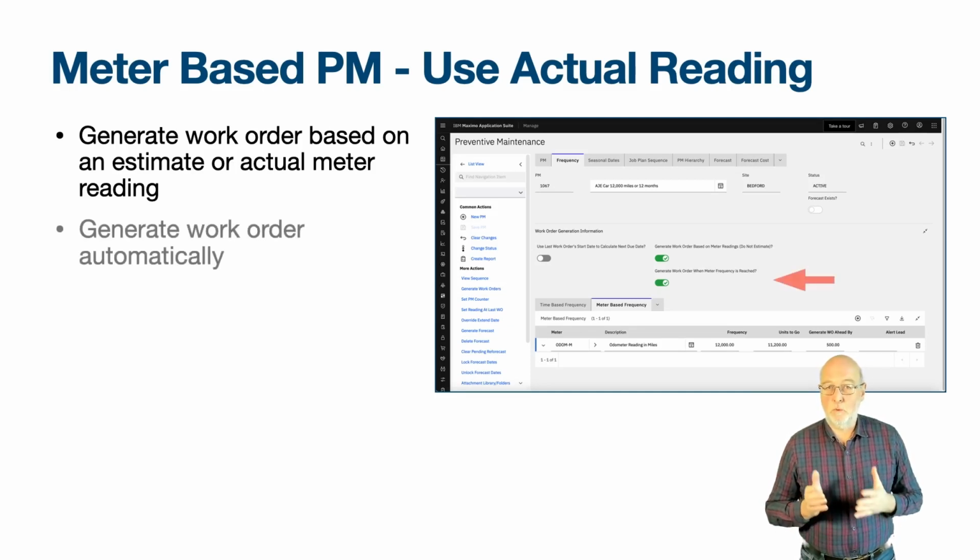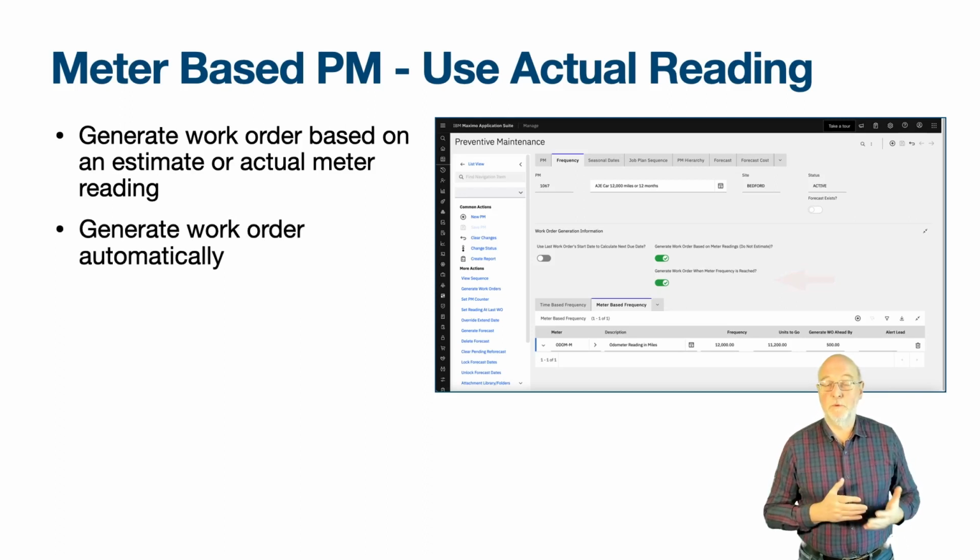The generate work order when meter frequency is reached can only be set when the previous field is set, and this automatically generates the work order when the units to go has reached 0 or a negative. Both fields will remain read-only until you have entered a meter in the Meter Based Frequency tab.